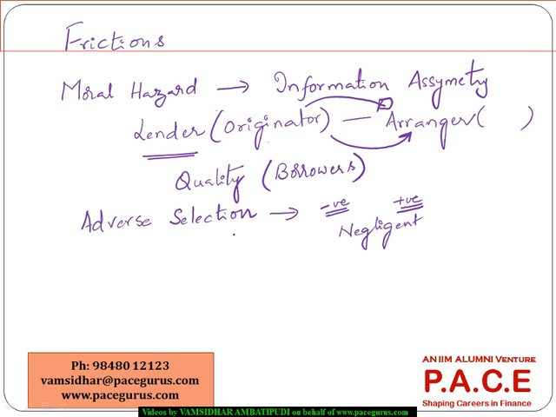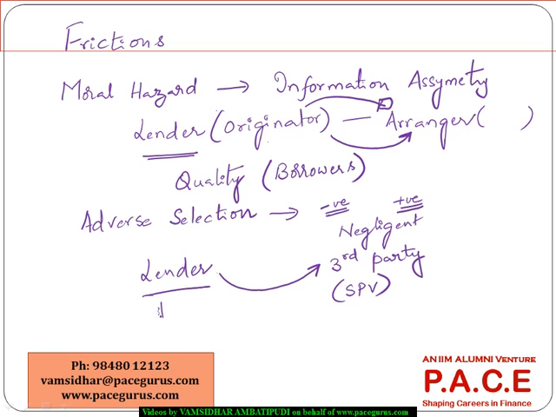So it's like, if we think about the lender itself, if the lender is very much confident that he can sell all his loans to a special purpose vehicle, which is a third party, he does not even mind performing a proper due diligence.